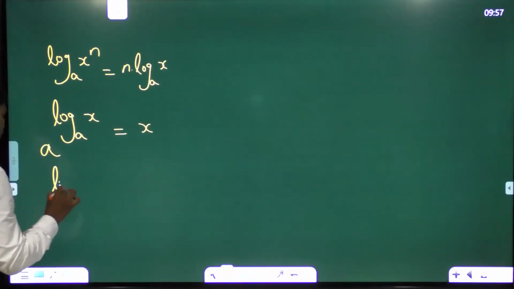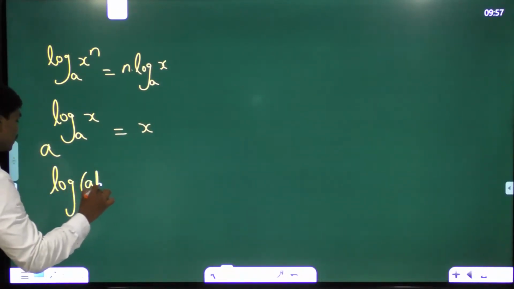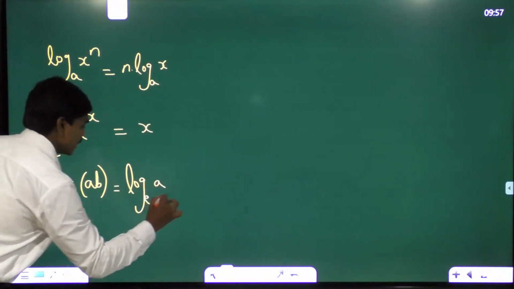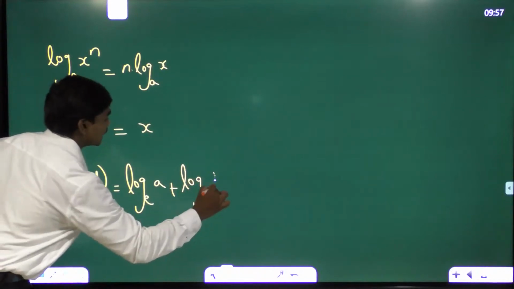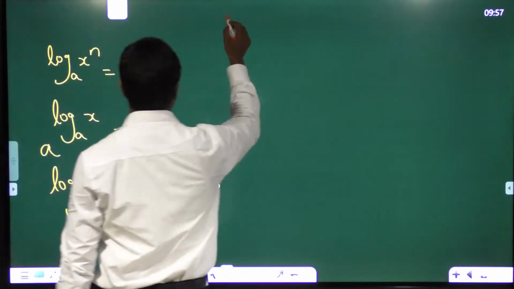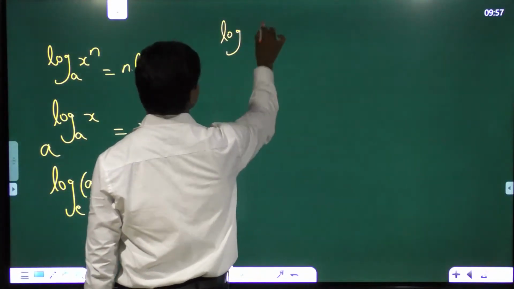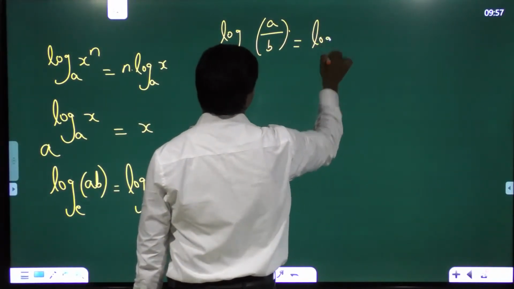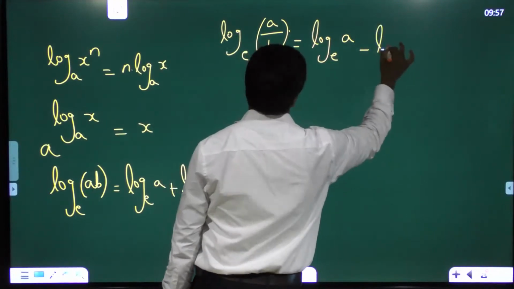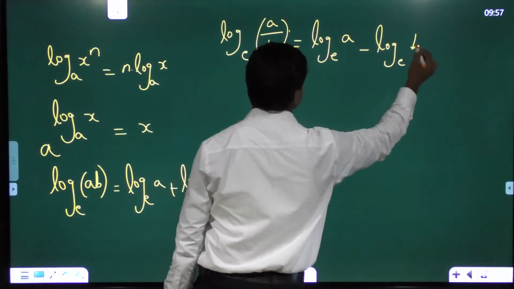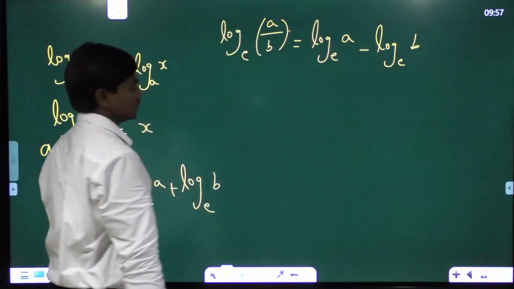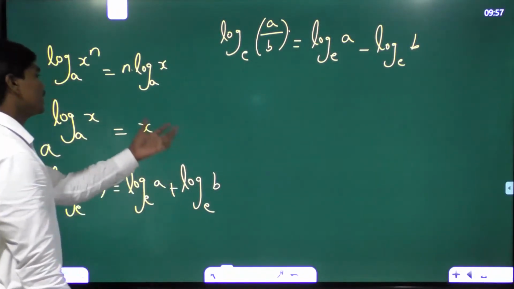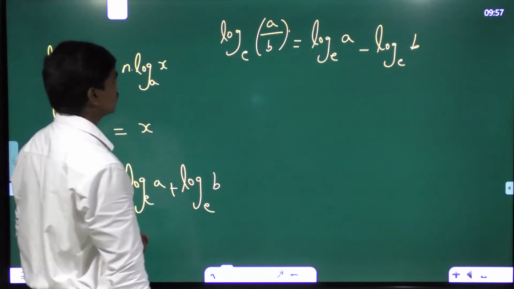Log of ab to the base e is equal to log a to the base e plus log b to the base e. Similarly, log of a by b is log a to the base e minus log b to the base e. These are basic things, but if you are not aware of this, no problem, you can make a note of these.